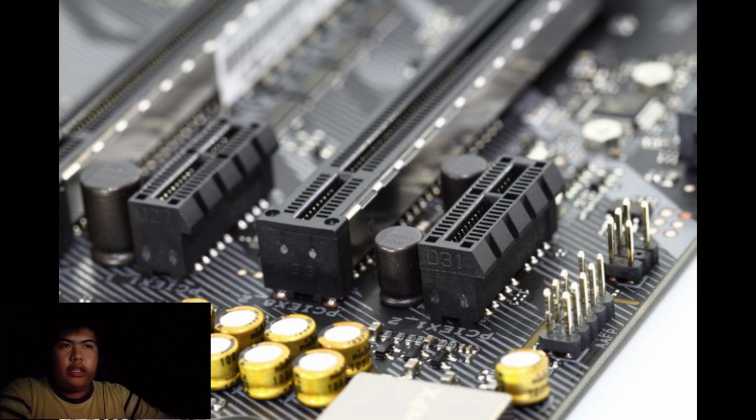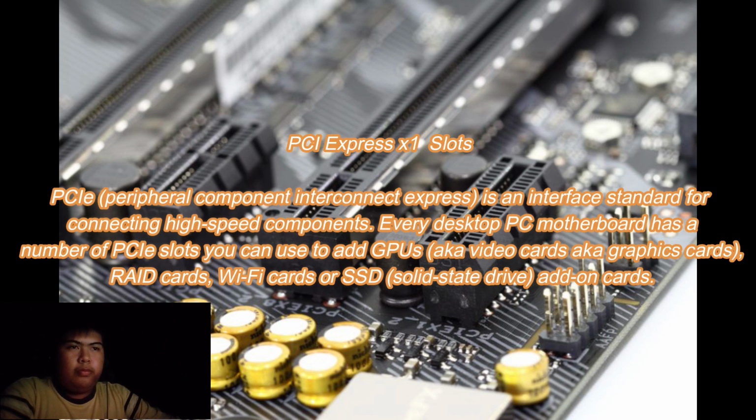Next, PCI Express slot. PCIe, or peripheral component interconnect express, is an interface standard for connecting high-speed components. Every desktop PC motherboard has a number of PCIe slots you can use to add GPUs or, let's say, video cards or graphic cards, RAID cards, Wi-Fi cards, or SSD, solid state drive add-on cards.